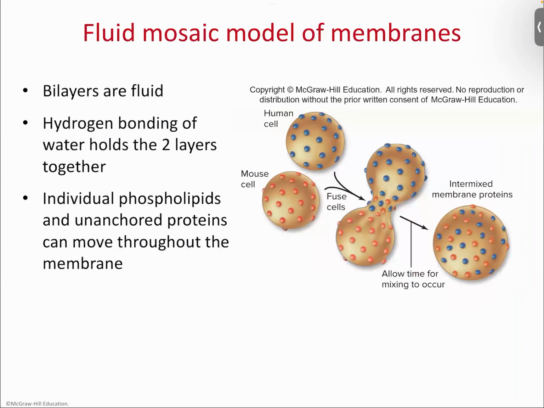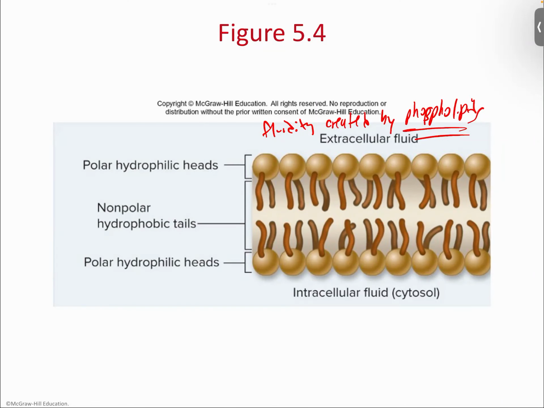So our hypothesis was that these weren't just static, but were floating around side to side, right? So for instance, if you were to have this phospholipid right here, it wouldn't just stay there. It would actually move around. It would laterally float and drift around, similar to the way water molecules mix around when you're in the ocean, right?